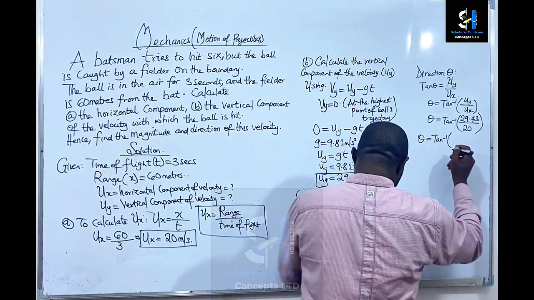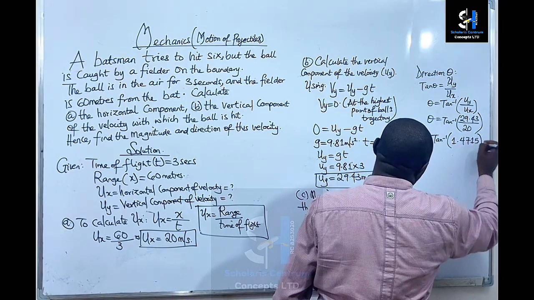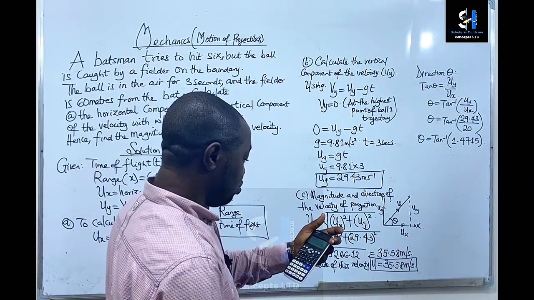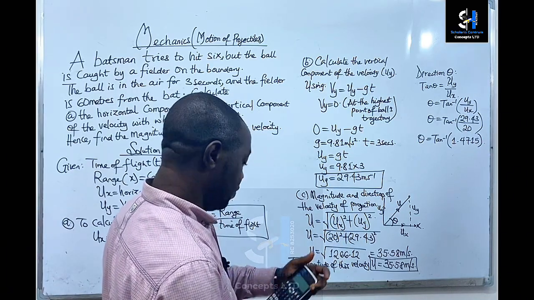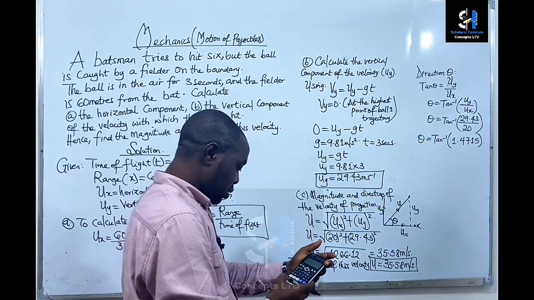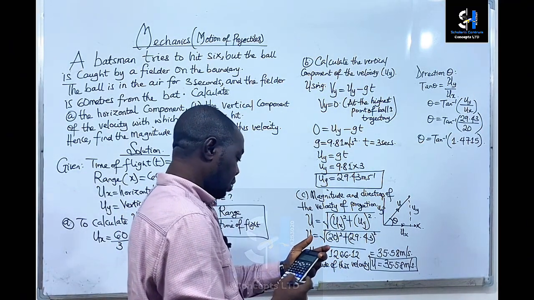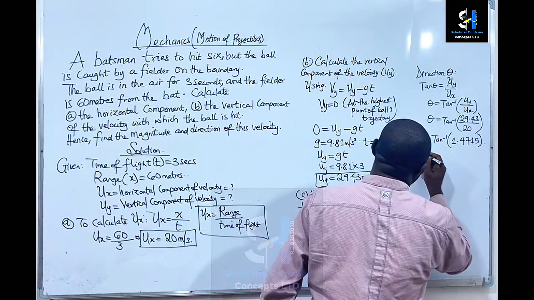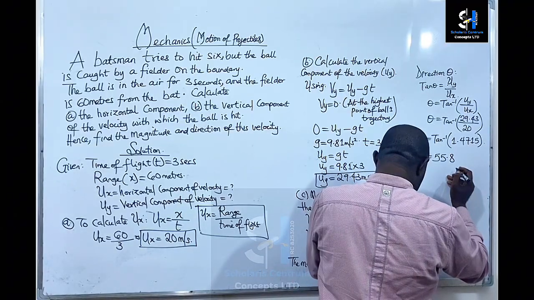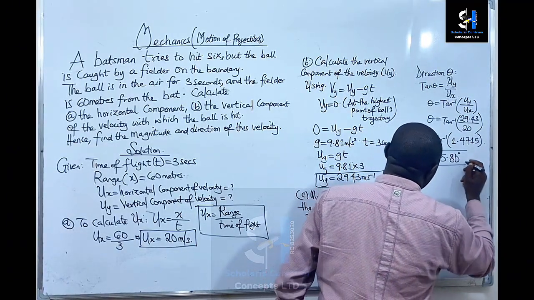The inverse tan of 1.4715 is 55.80. So this is the direction.